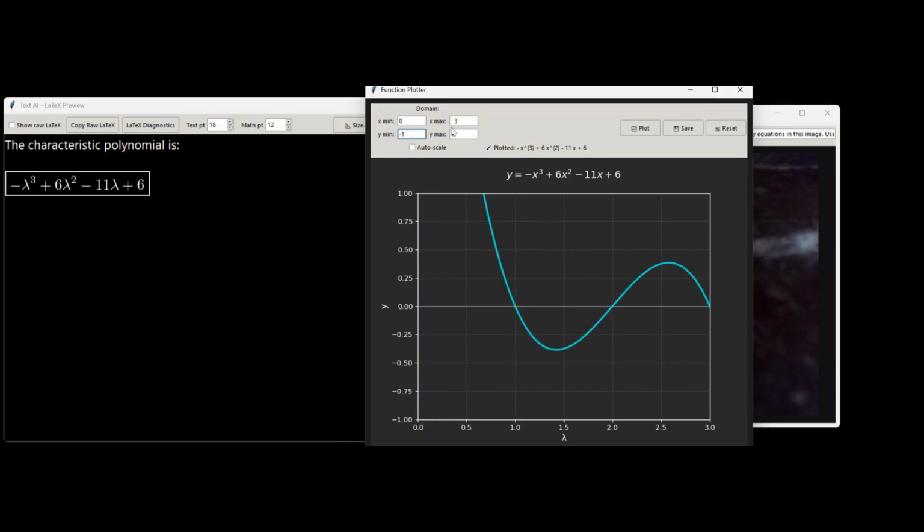Just scaling the polynomial. I can see the roots are 1, 2, and 3, which is correct. I can, of course, reverse that and make that first coefficient positive, and it'll flip over.